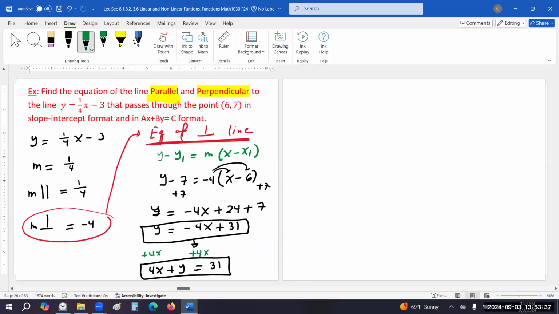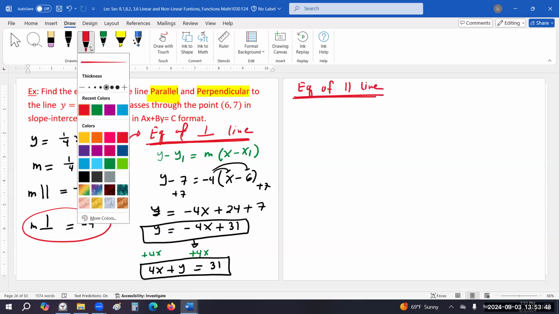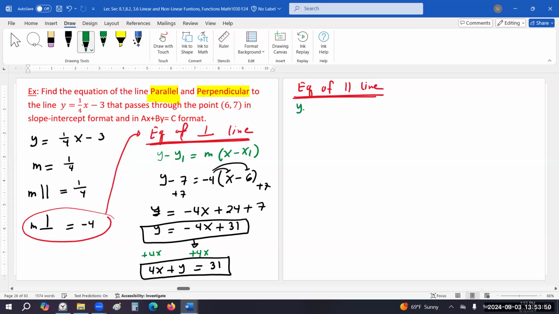Okay, now I'm going for my parallel line. Equation of parallel line. So let me start with the basic format: y minus y1 equals slope times x minus x1. Now I'm going to pick my next volunteer. Gerald, go ahead.